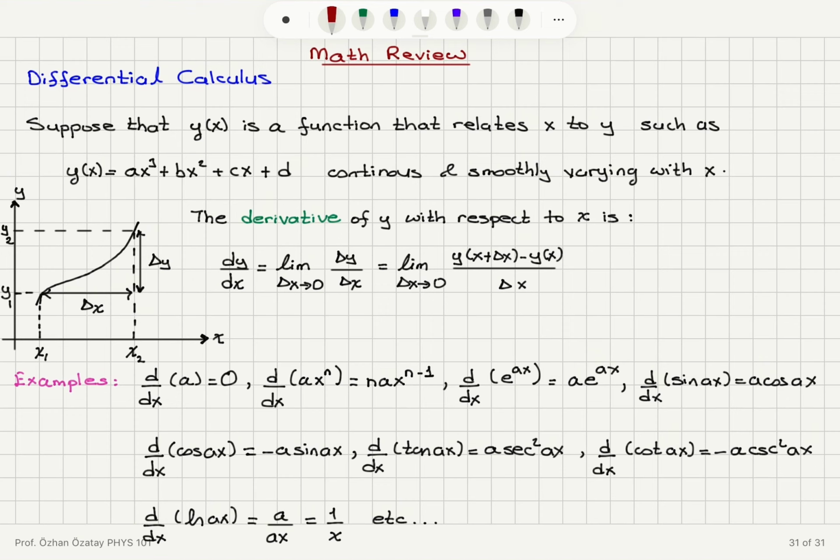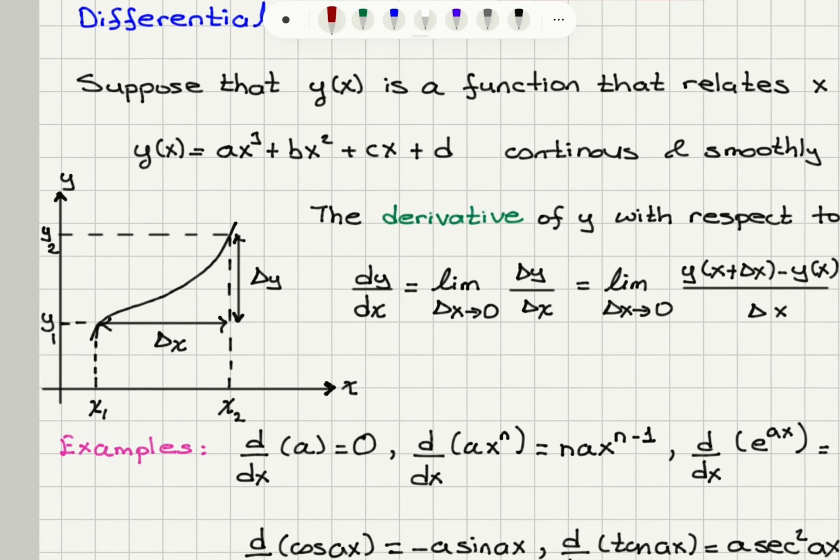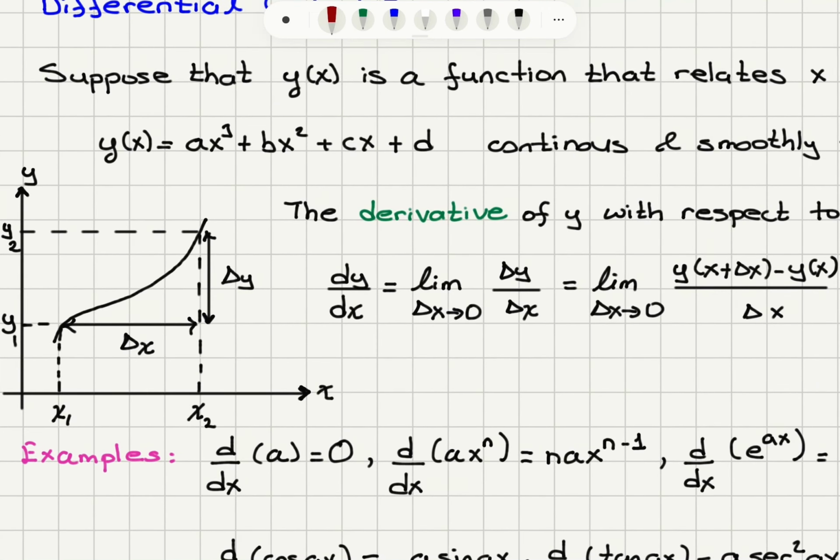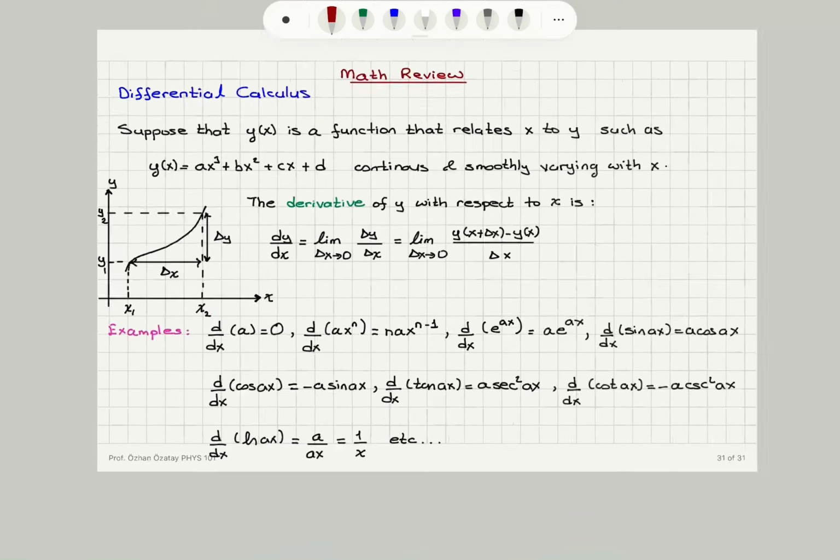For example, it could be ax cubed plus bx squared plus cx plus d. So if I plot this function, y as a function of x, it's a smoothly varying continuous function. I see that x1 value corresponds to y1 and x2 corresponds to y2. And if I change from x1 to x2, there's delta x, that corresponds to a change in y, y2 minus y1, which is delta y.